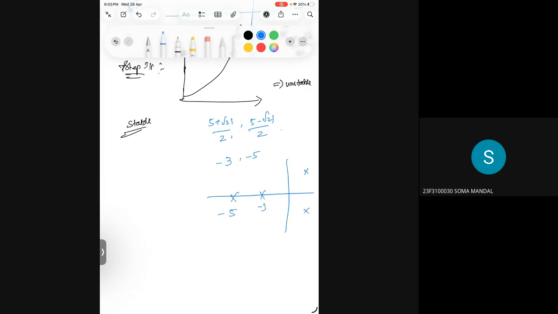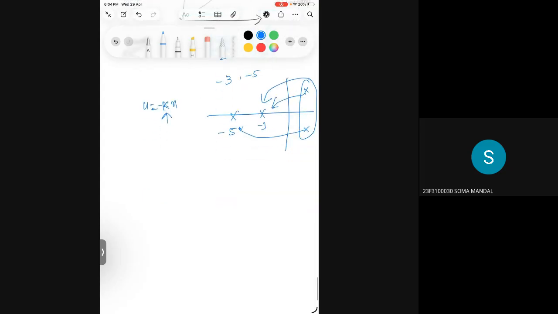We want to shift these poles from here to here. So we have to design a controller such that u equal to minus kx. You have to decide this k so that it brings these two poles to the stable region. By designing this pole placement controller, we are making an unstable system behave like a stable system. This is the beauty of the pole placement controller.